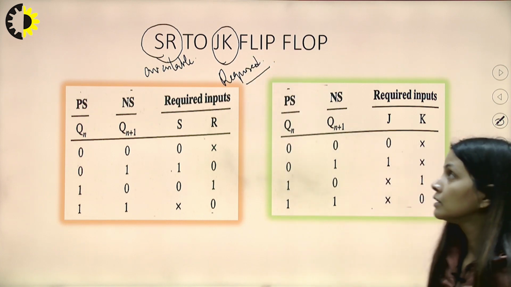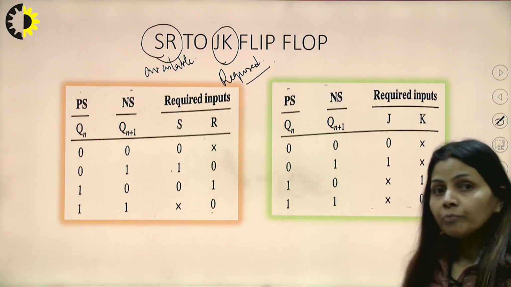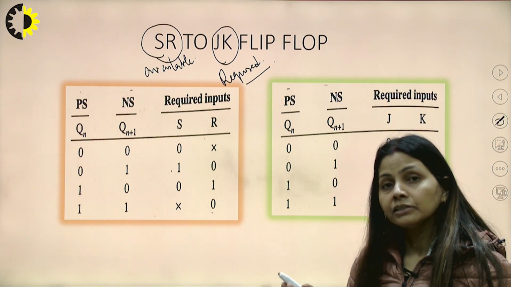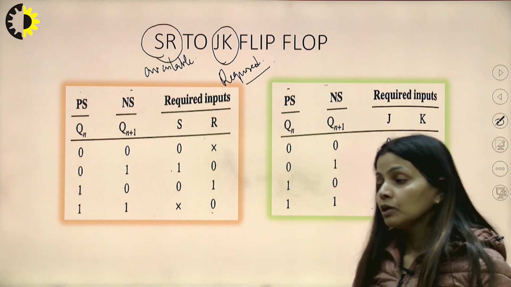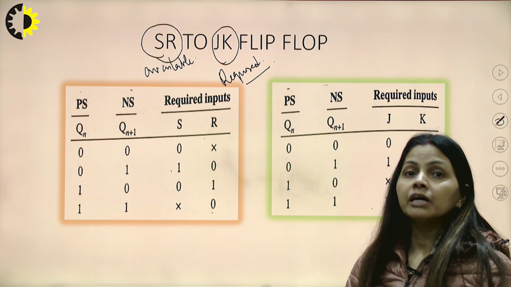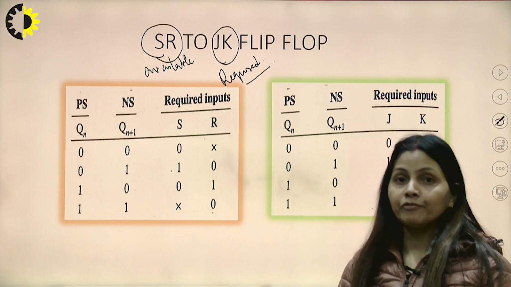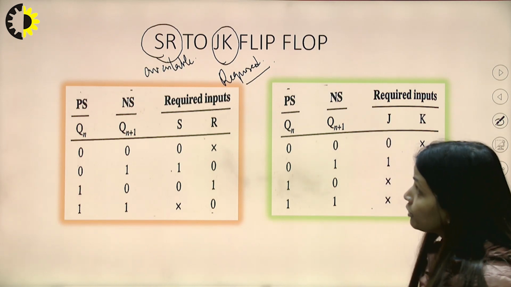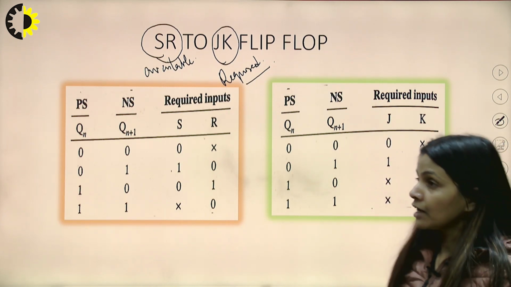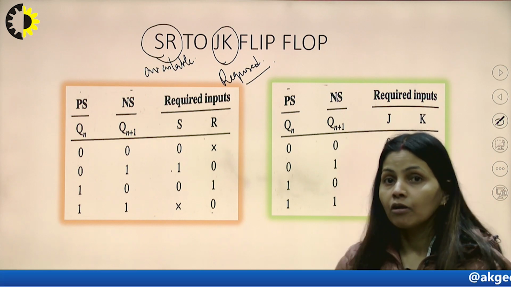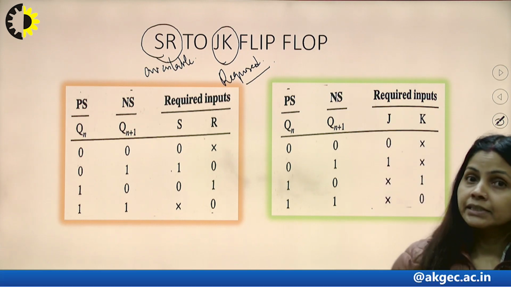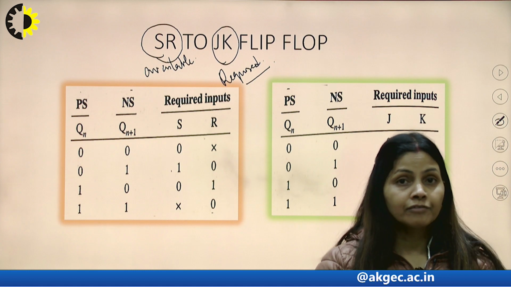So, SR flip-flop is available and JK flip-flop is required. Whatever flip-flop is available, we need to start from the available flip-flop. That means we need to start from the SR flip-flop. So, first of all, we will write the excitation table for the SR flip-flop.